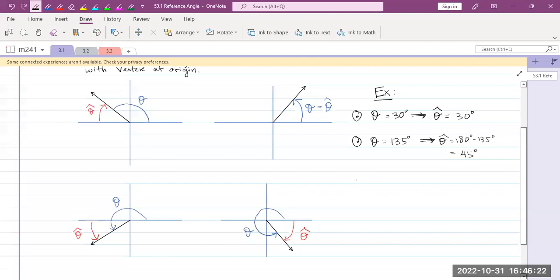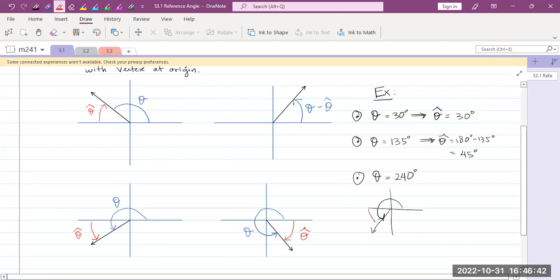Now what happens if theta is, let's say, 240 degrees? 240 degrees is more than 180, right? But less than 270, so it is in quadrant 3. This is theta here. This is 240 degrees. The reference angle is this one, right?